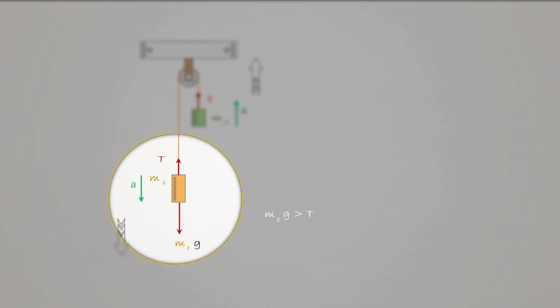Since it will be accelerating downward, it makes sense to use a coordinate axis with positive vectors pointed downward. The total force then will consist of the addition of forces, which is the positive weight and the negative tension. And according to our friend Newton, this total force must be equal to the mass times its acceleration. This is one equation that we get from one object.